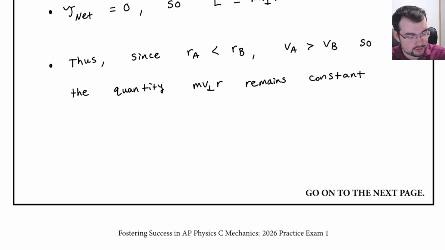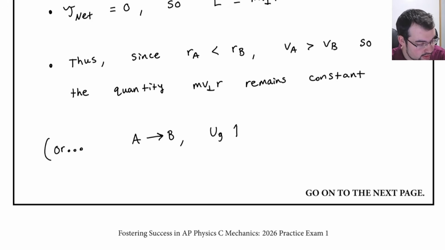There's another way of doing this. As you go from B to A, you're getting closer to the planet, which means if you get closer to the planet, your UG is going to decrease. So kinetic energy must increase.